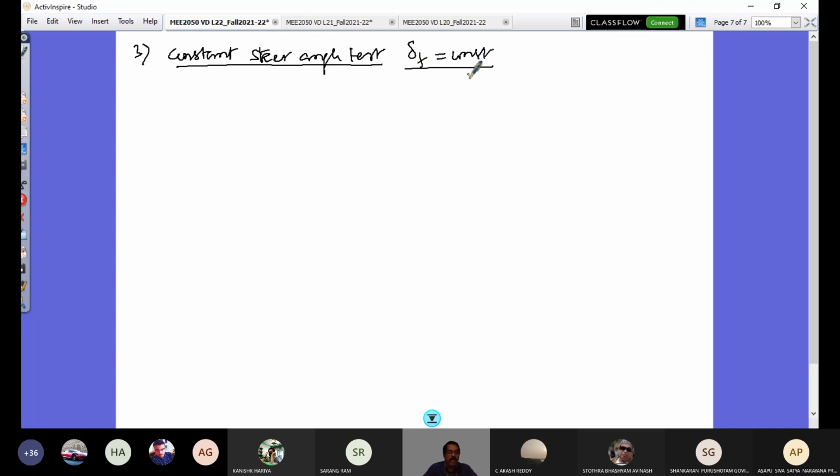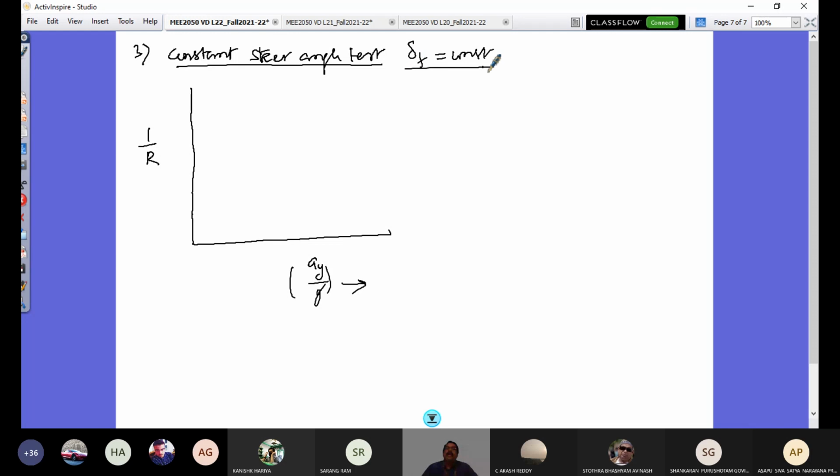So when this is constant, you may question: in the earlier two tests we were plotting delta F versus lateral acceleration, but now I'm not going to plot that. Instead, I'm going to plot the variation of curvature as a function of lateral acceleration. That is the plot from this test.